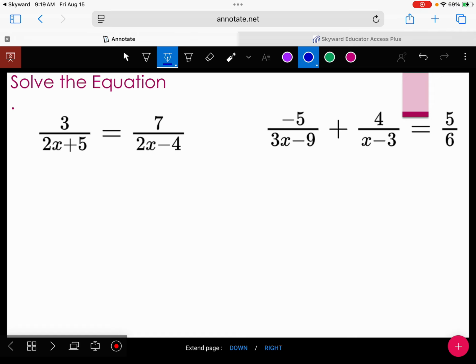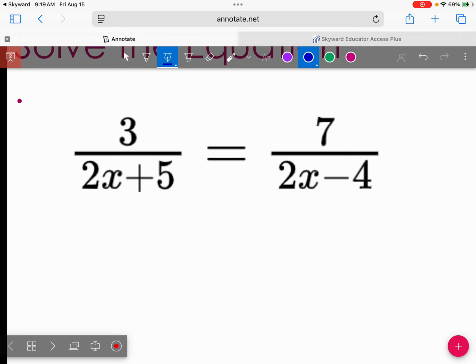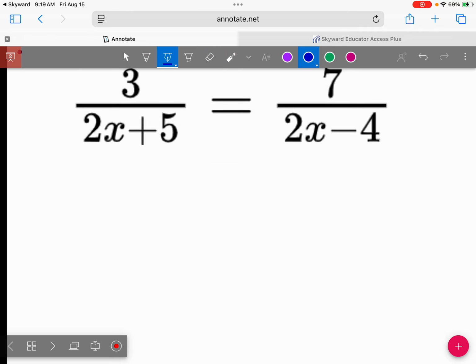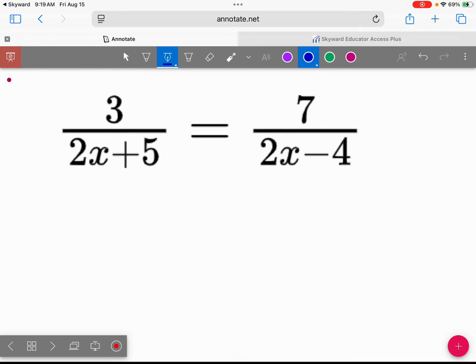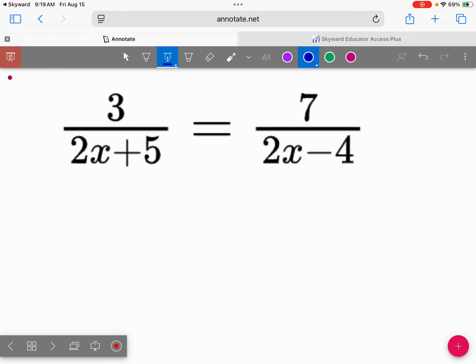Now let's look at one of these ones. Ew. I know. Some of our fraction-y friends. Yay! So let's look at this one on the left here. I've got 3 over 2x plus 5 equals 7 over 2x minus 4.